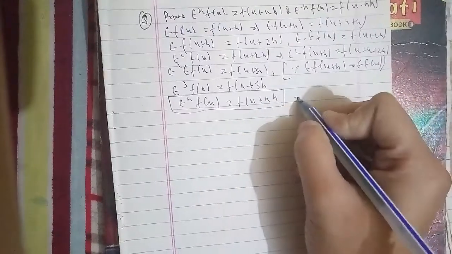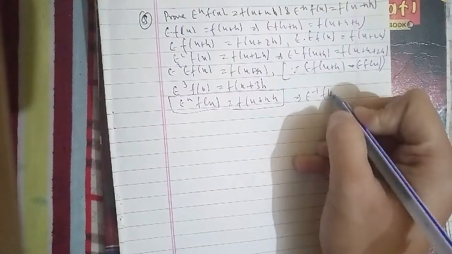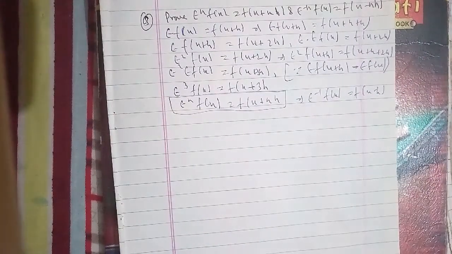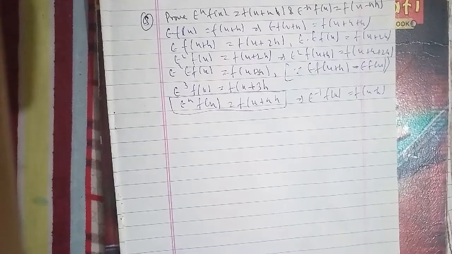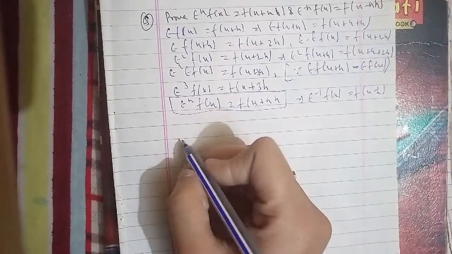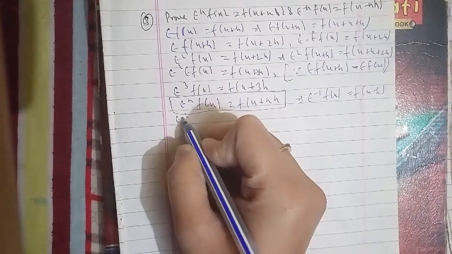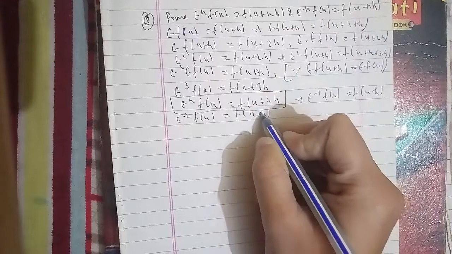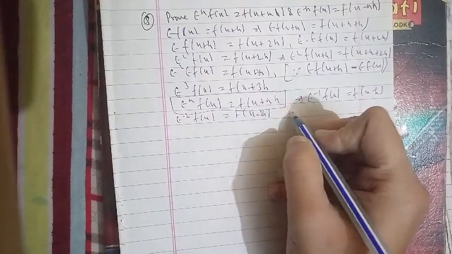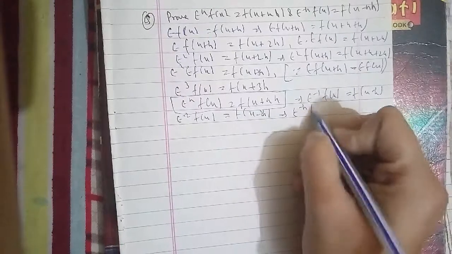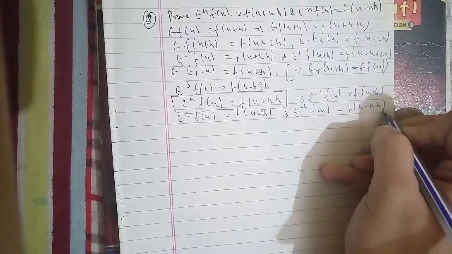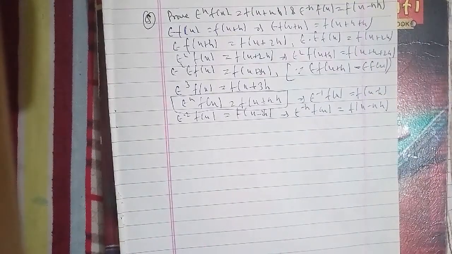Similarly, E inverse f(x) equals f(x minus h), and going further we find E inverse square f(x) equals f(x minus 2h), and generalizing this equation we get E^(minus n) f(x) equals f(x minus nh). Now we go ahead for the next question.